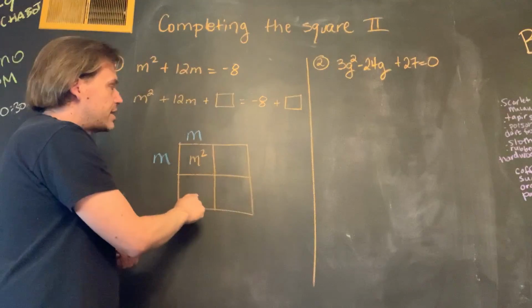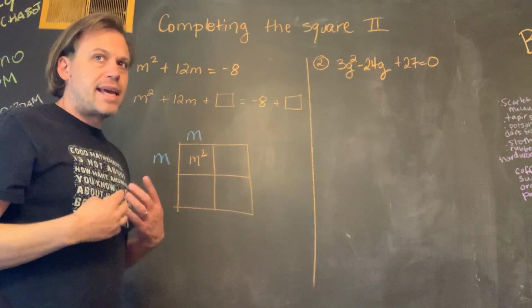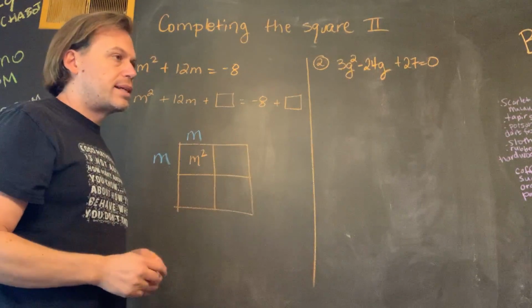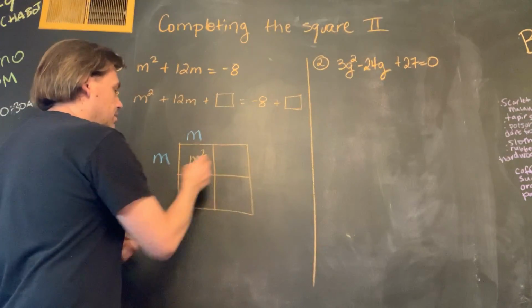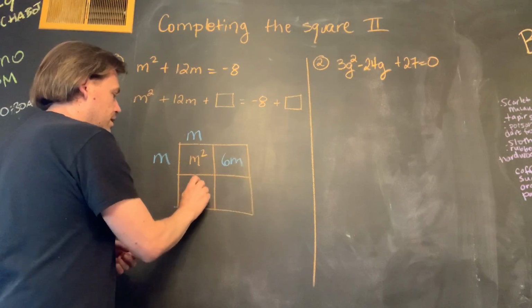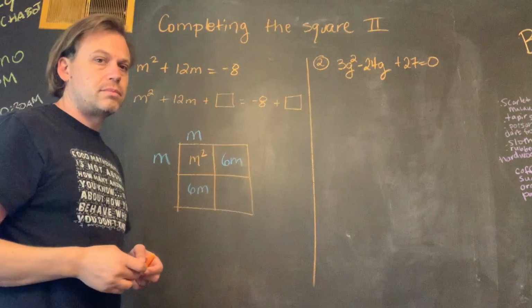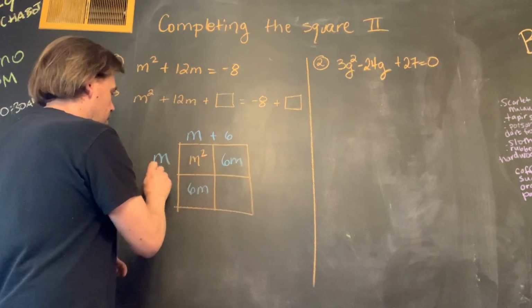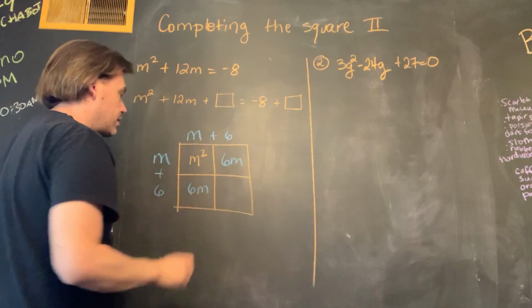So if they both need to add to 12m, and they both need to be the same, there's only one answer that it could be. This has to be 6m, and this has to be 6m. Which means this is m plus 6 and m plus 6.